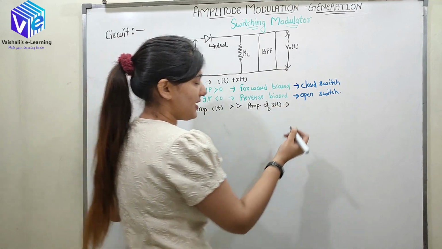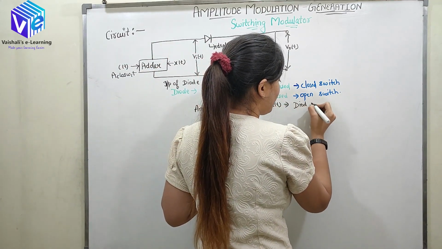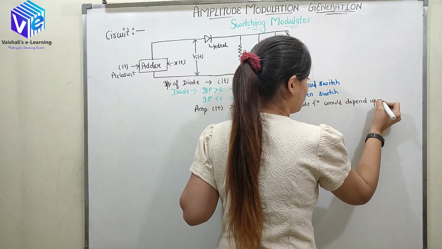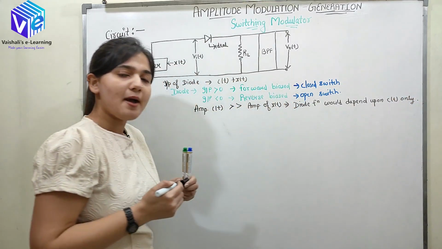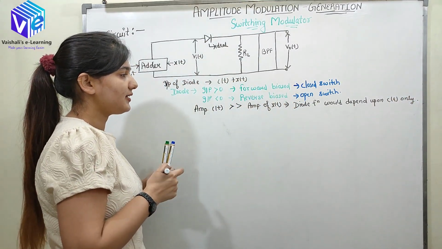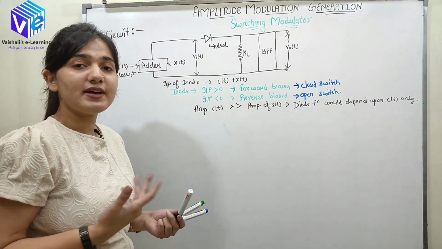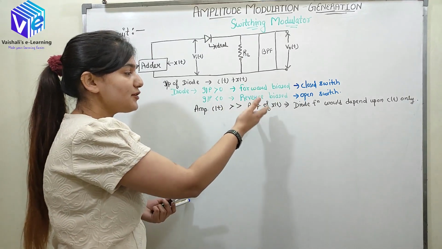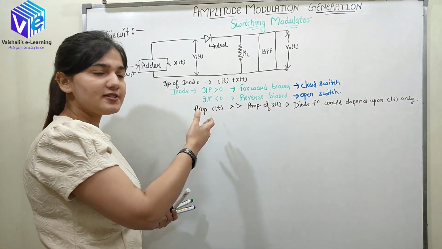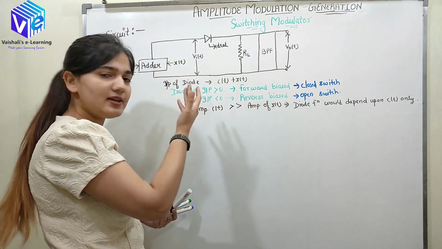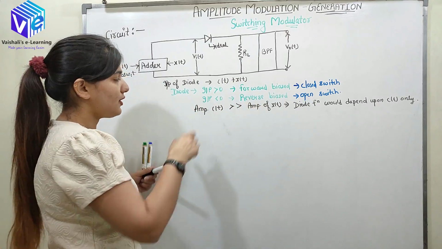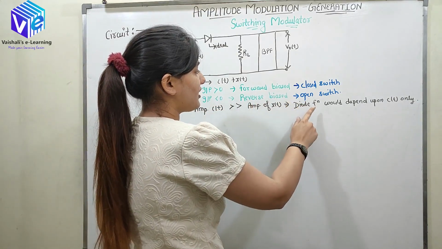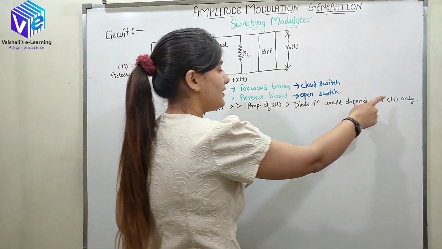So the diode functioning would depend upon c(t) only, because x(t) is negligible compared to c(t). When c(t) is positive, even if x(t) is negative, c(t) will make the sum positive. So the diode functions depend upon c(t) only.